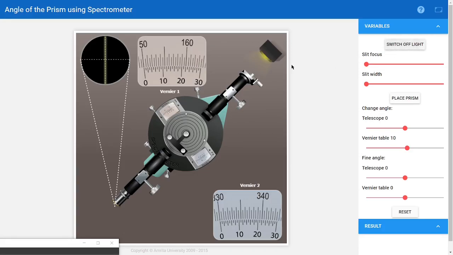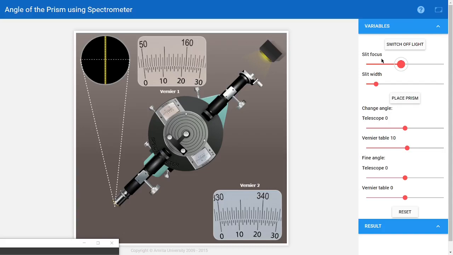So we can switch on the light. You can see light is coming from this portion and entering this portion, and through this telescope we can see this slit. Now we can adjust the slit width, and this is defocused, not in focusing mode, so we have to focus it.